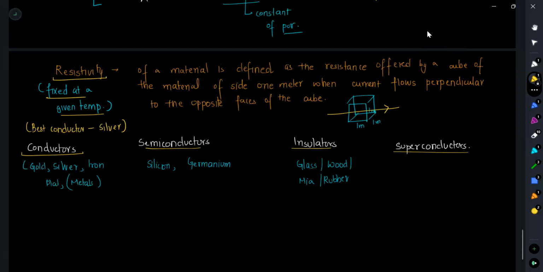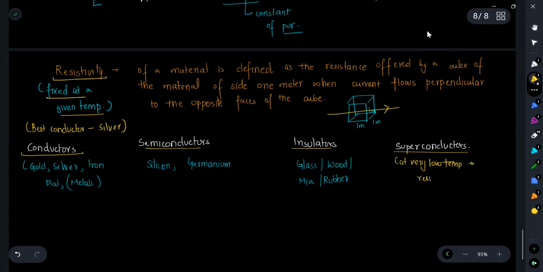At very low temperatures, the resistance is almost zero, very close to zero. That is the reason they are called superconductors. I cannot really give you examples because I have to give temperature specific examples.